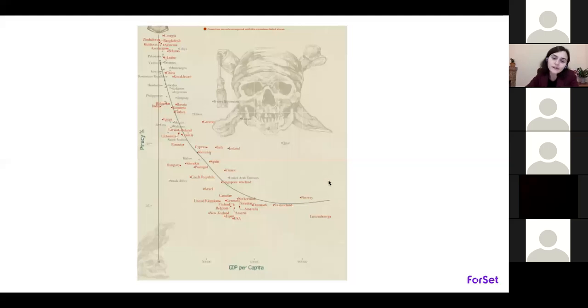Of course, we have some outliers, like Qatar, Kuwait, and some other countries, but it can be explained by, for example, access to oil and gas and this kind of resources, which increases their GDP per capita, but the piracy level is still higher in those countries.